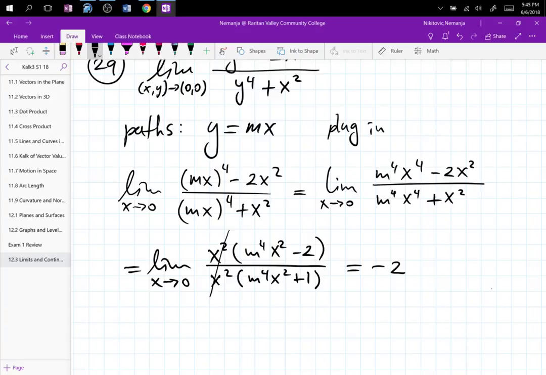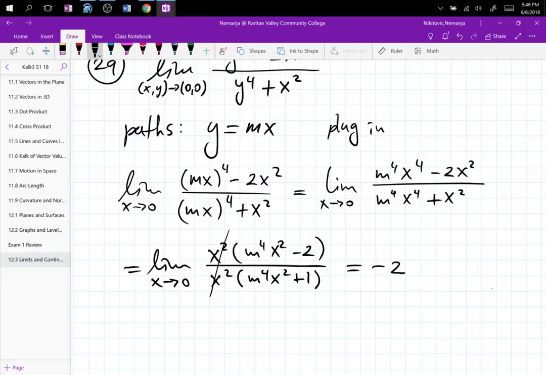We just proved that all of the linear paths into the origin will all give -2 as the answer. We just tried infinitely many approaches, and they all lead to -2. Tempting to say limit is -2.